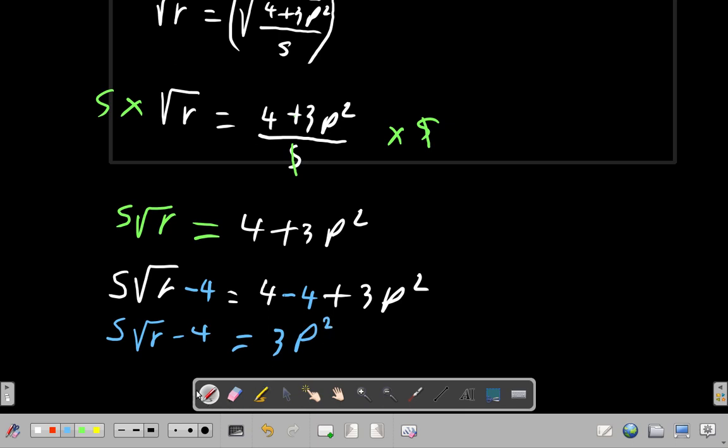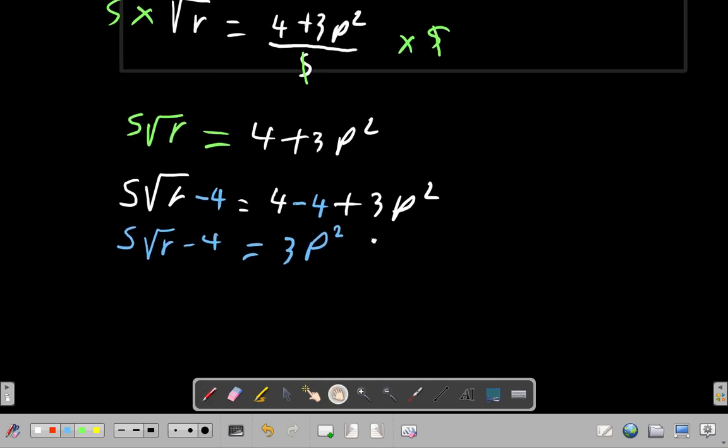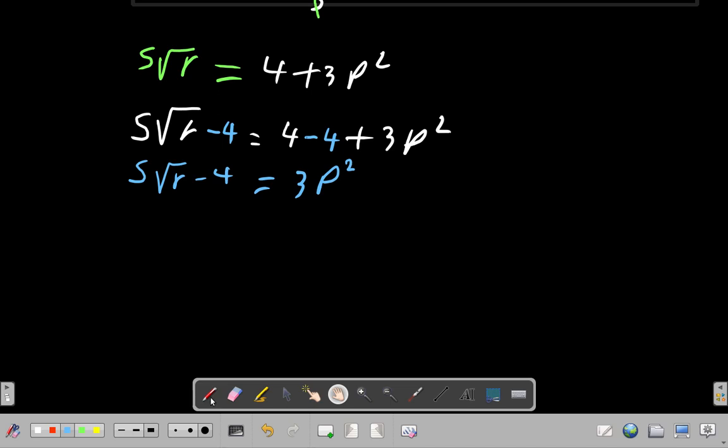Alright, so getting rid of those things that are mixed up with the p, to leave the p alone. We must get rid of the 3 now. Now we cannot subtract 3 because 3 is multiplied by p squared. So you must divide. Alright? If you multiply by a number and divide by that number, it undoes.